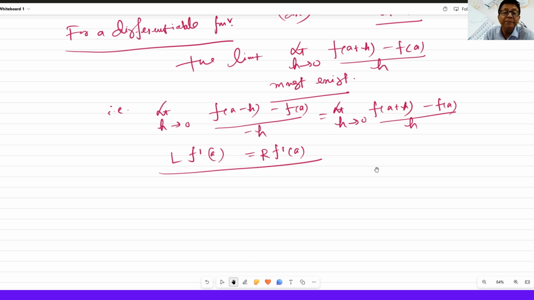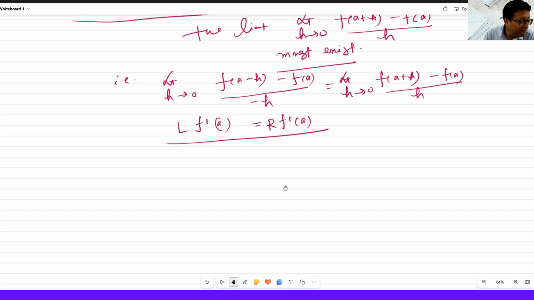Existence of derivative matters. Before differentiation, we should take care of this part. Can I differentiate there? So it depends on existence of this limit. If the limit exists, then differentiable. If the limit doesn't exist, it will not be differentiable.